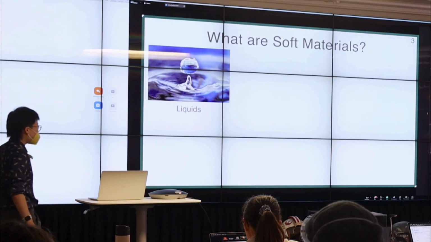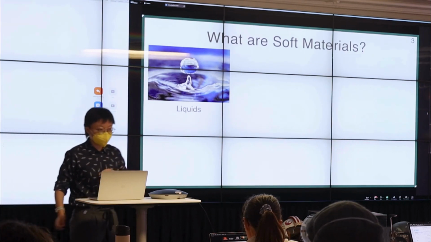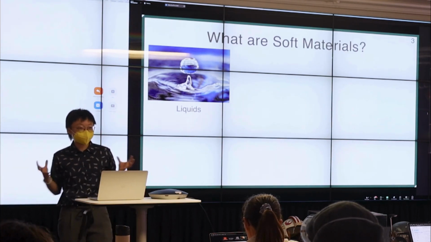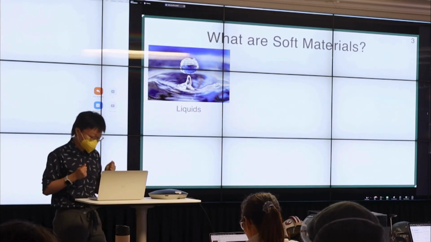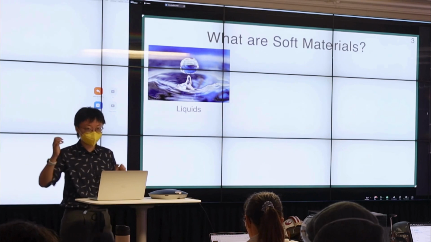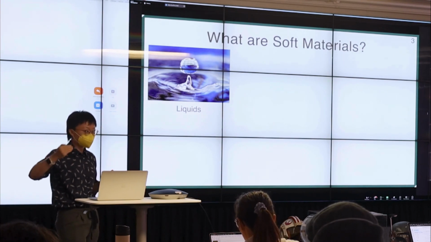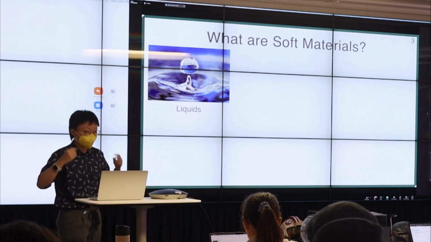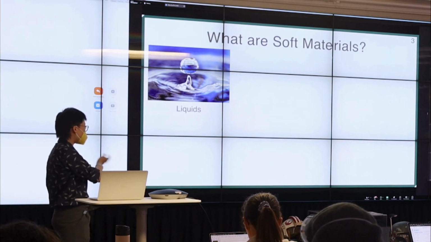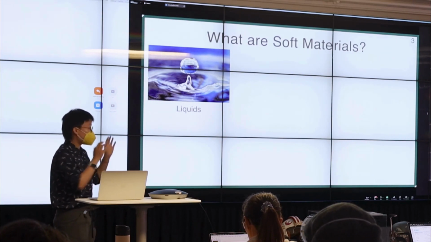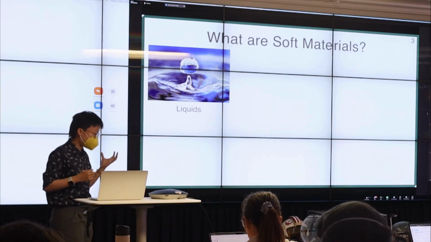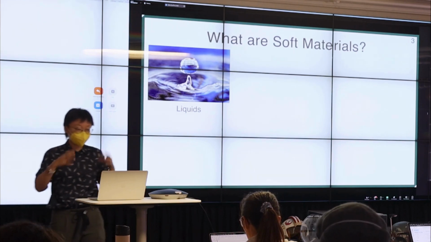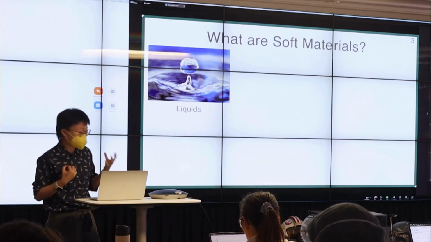First class, liquids are definitely soft materials. Water is a very interesting material, because it has fascinating properties, such as its highest density happening at 4 Celsius instead of at lower temperatures. The freezing behavior of water is also very interesting, so that's one thing people who study soft materials study a lot.